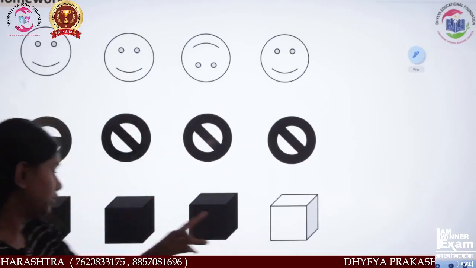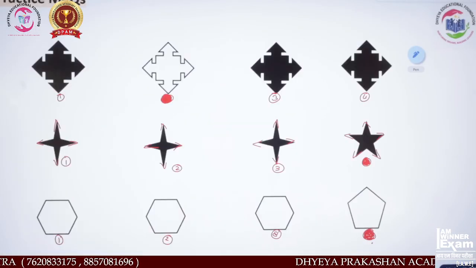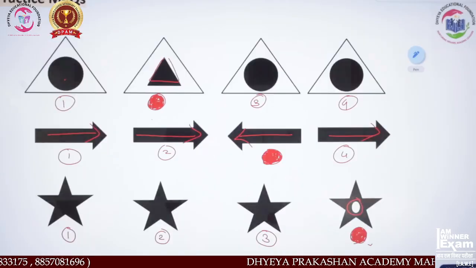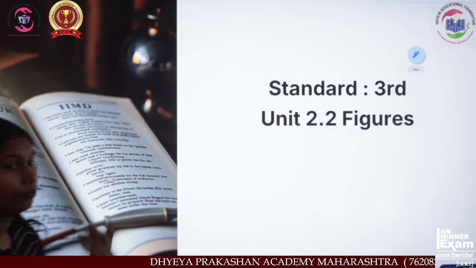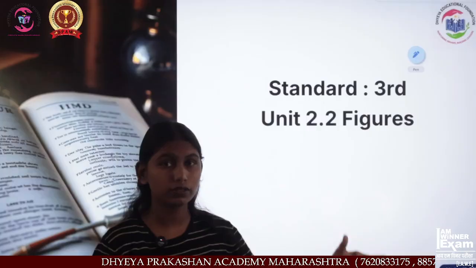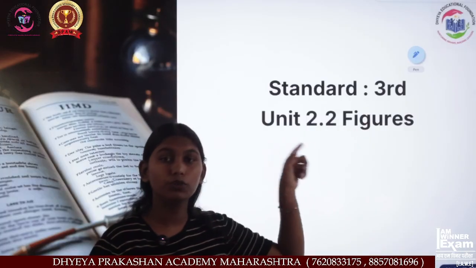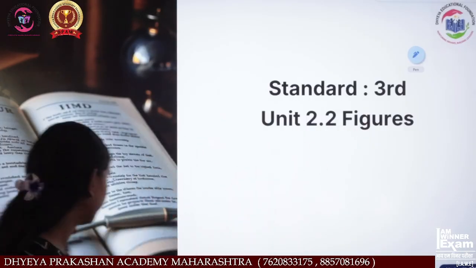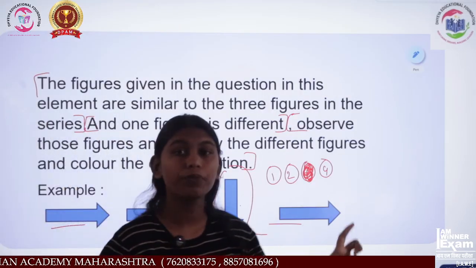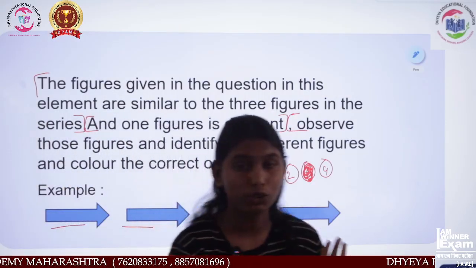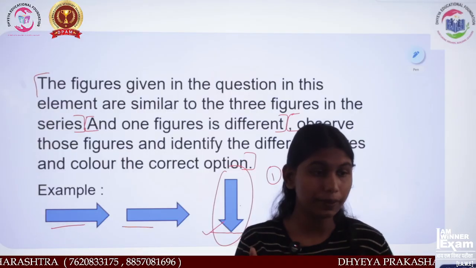Okay. So let's check what we learned. This session was for standard third, 2.2 figures. First we saw what type of question we are solving and what is meant by figure.